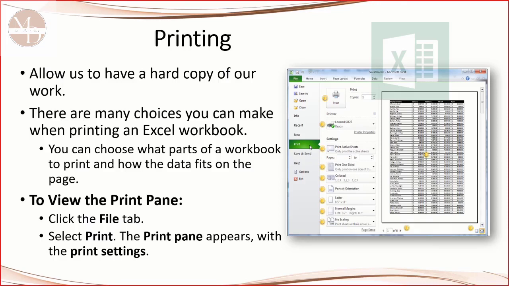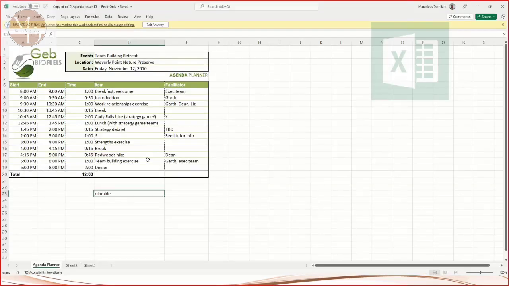You can print in Excel. You can choose what part of your workbook to print. So now, to view the print pane, click on the File tab, select Print. The print pane appears with the print settings. Now let's go.